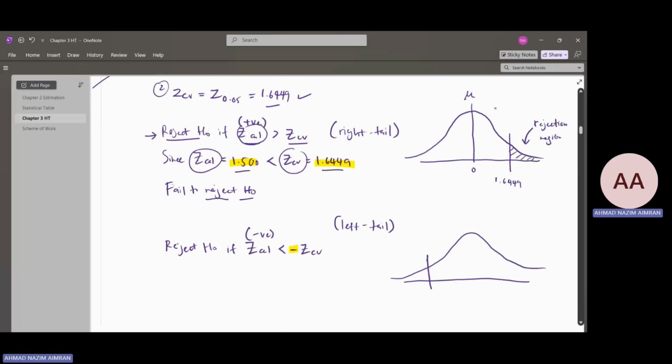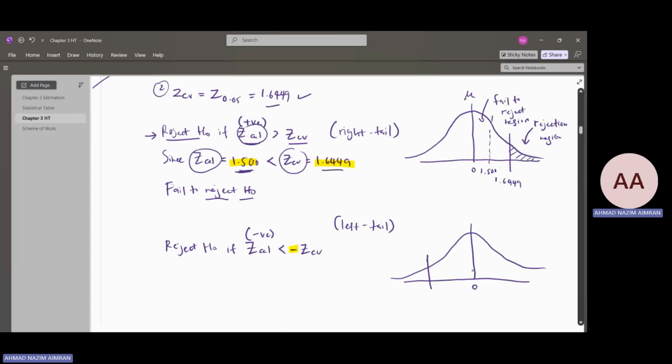But since 1.5 is here, this is 1.5. 1.5 is less than 1.6449. That is why this is the fail to reject region.